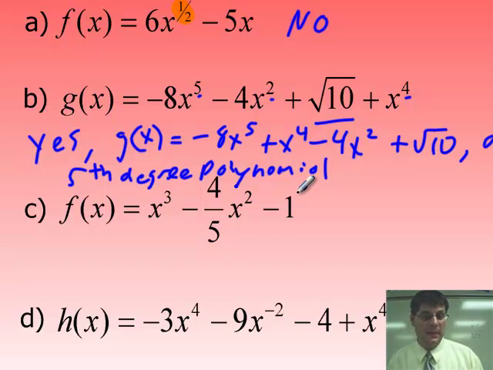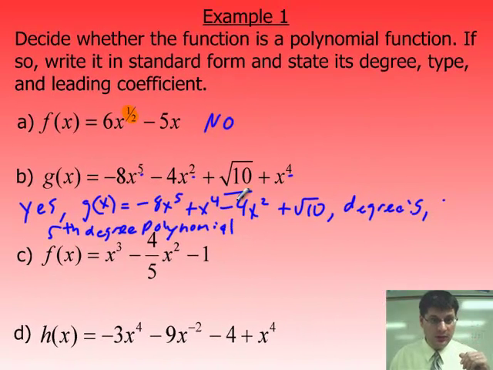Poly meaning many, nomial meaning nomial, I guess, many nomials, whatever a nomial is. This particular polynomial has 1, 2, 3, 4 terms, or 4 monomials, so a single, mono meaning single nomial.